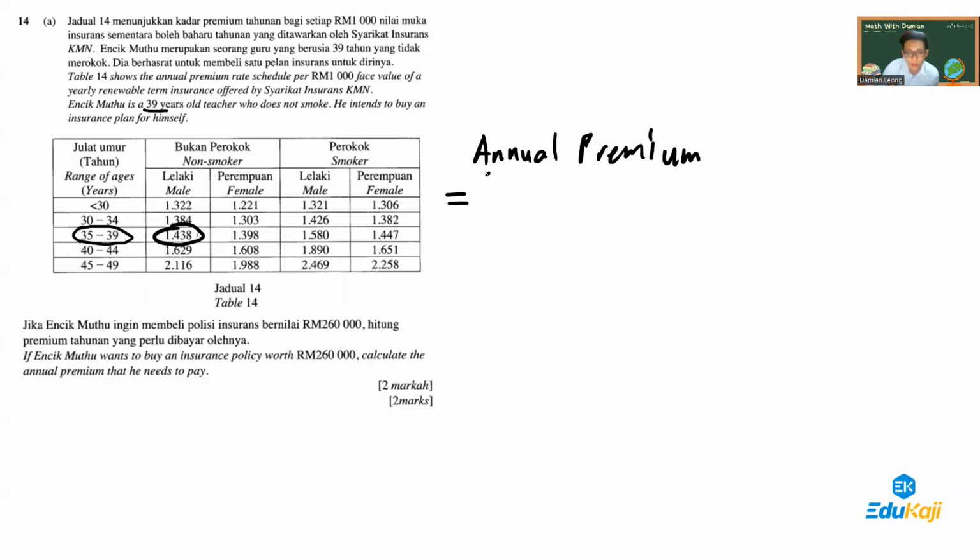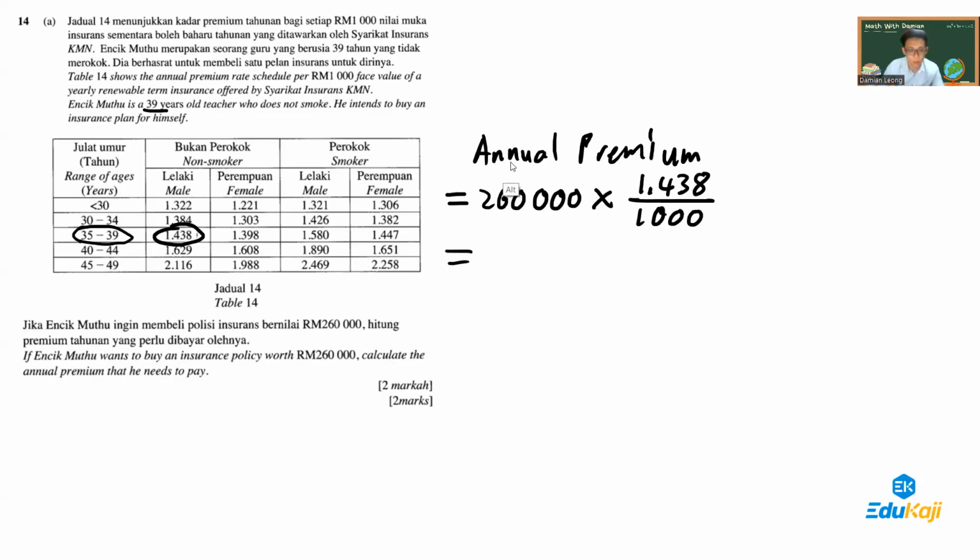So he has to take 260,000 times the rate. The rate is per 1,000, so I have to divide by 1,000. You can divide by 1,000 here or here, doesn't really matter.